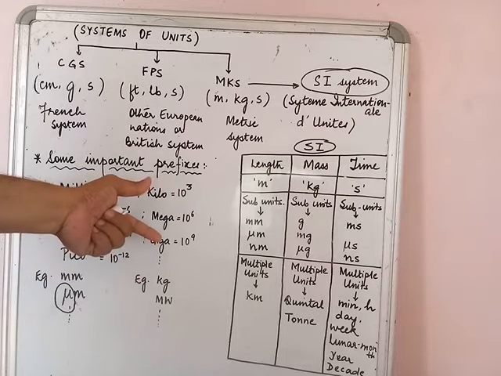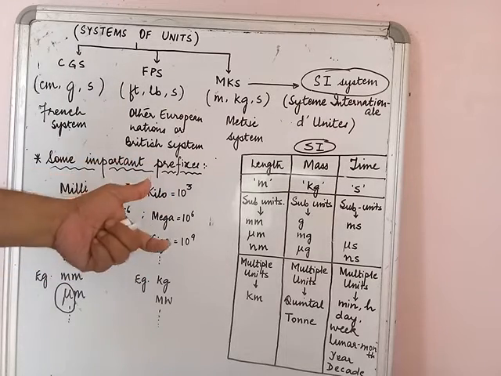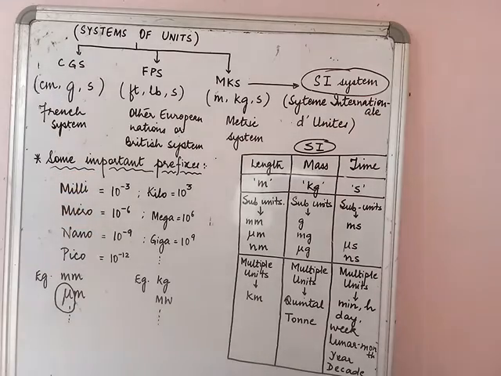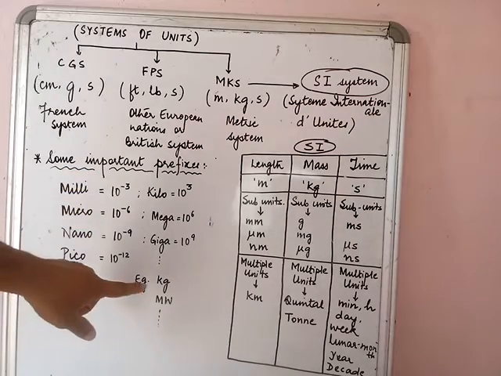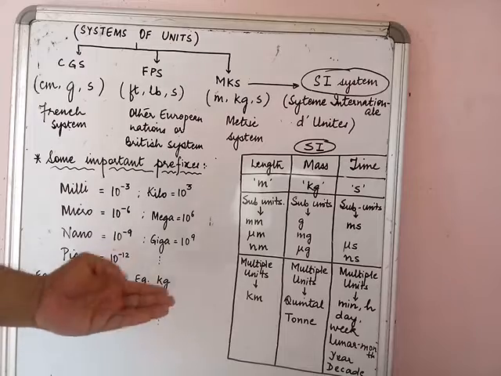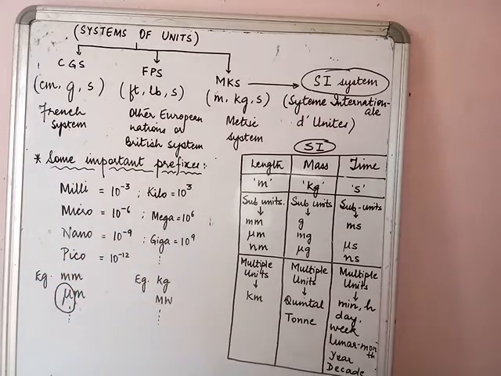So these are the larger versions and these are the smaller versions that we have. In examples, we obviously have kilogram, megawatt, gigawatt and so on. These are some of the important prefixes that we put in the SI units in order to create a more versatile picture of units.